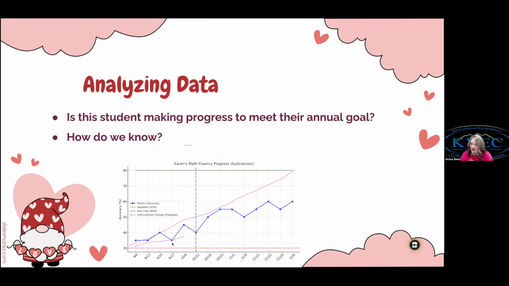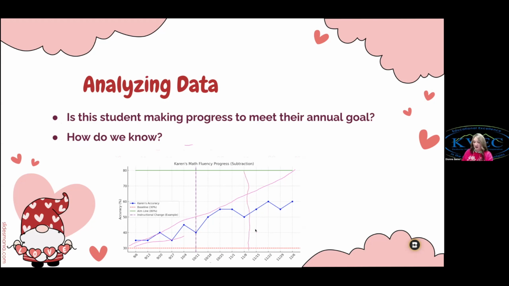And so that's, Adrian, what you would look at. Is there an instructional change? Are there some small things that we can adjust for Karen, in terms of she's looking at subtraction, that we can even increase the gains? But we are seeing the trends, and we didn't see that change, that instructional change right here.